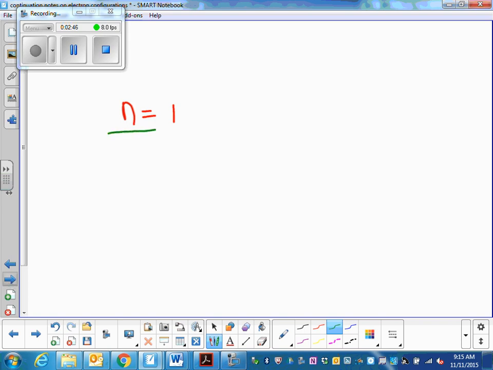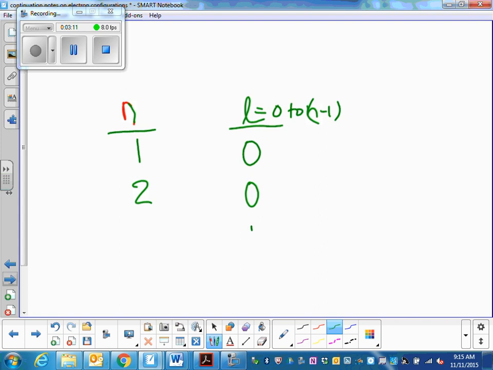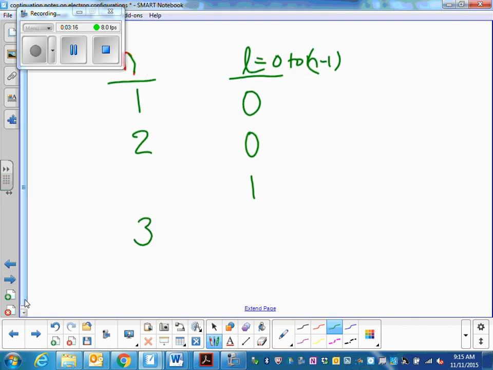L can have values 0 to n minus 1. What is the allowed value of L then? 0. Say n equals 2. What are the allowed values of L? 0 and 1. If n equals 3, what are the allowed values of L? 0, 1, 2. Are we good?